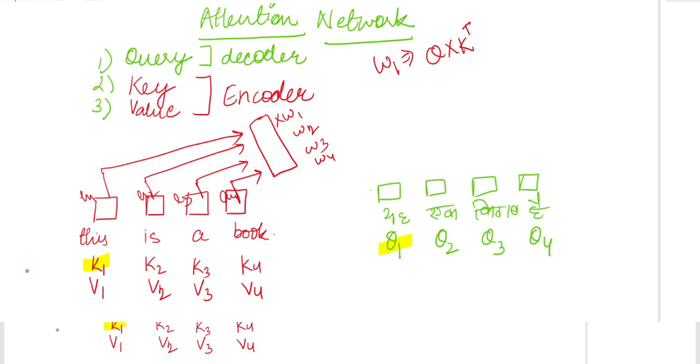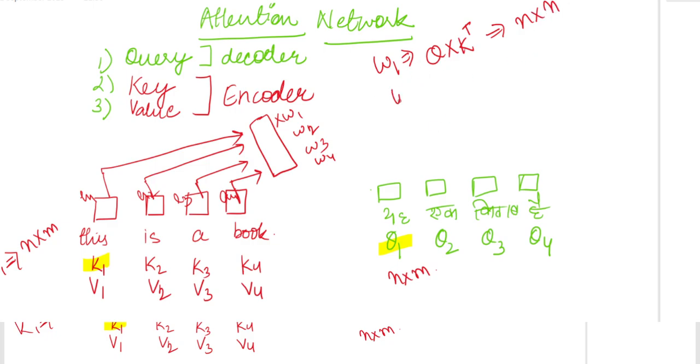If the vector K1 is of size n cross m, and Q1 is also of size n cross m, the output should be n cross n. That's why the size of this should be n cross n.